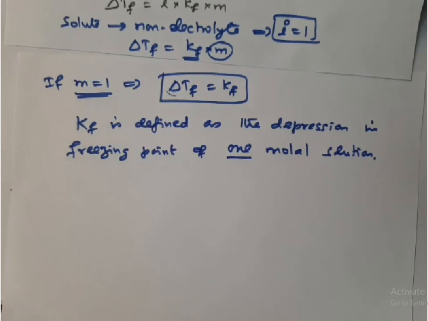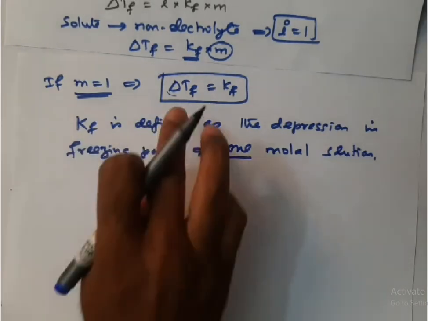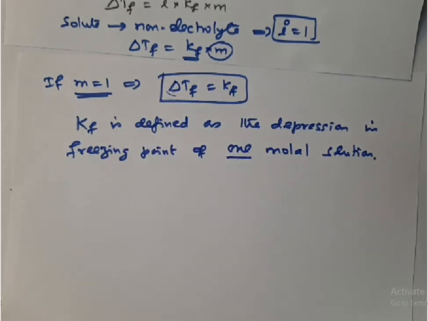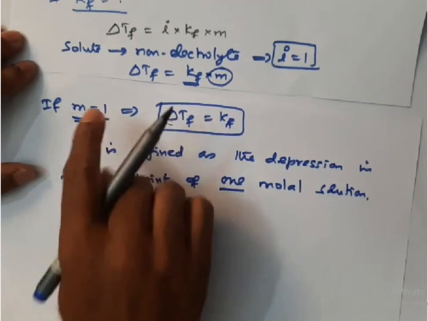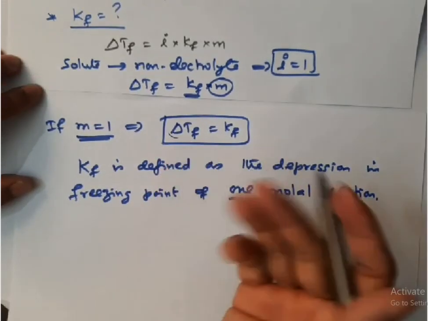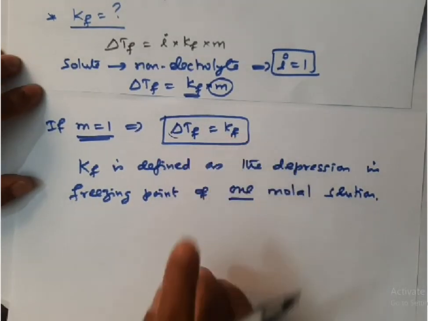So whatever depression of freezing point occurs for a 1 molal solution, that is nothing but equal to Kf. This is the experimental method of finding Kf. If you want to find Kf, you prepare a 1 molal solution, and for the solution you find out the delta Tf. That delta Tf equals Kf.